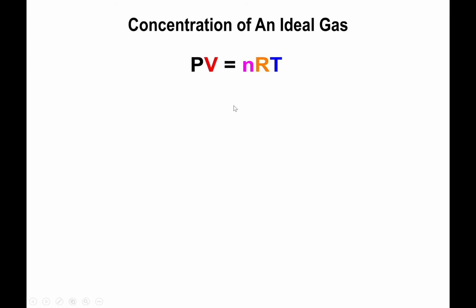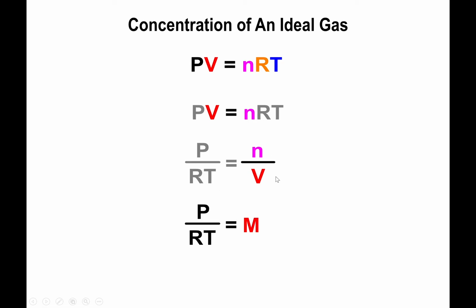If you concentrate on the volume and the moles, you can derive the concentration. Divide both sides by the volume and you end up with moles over volume, which is the expression for molarity, the concentration of a substance. Also, divide both sides by RT, so you have P over RT equaling the concentration.